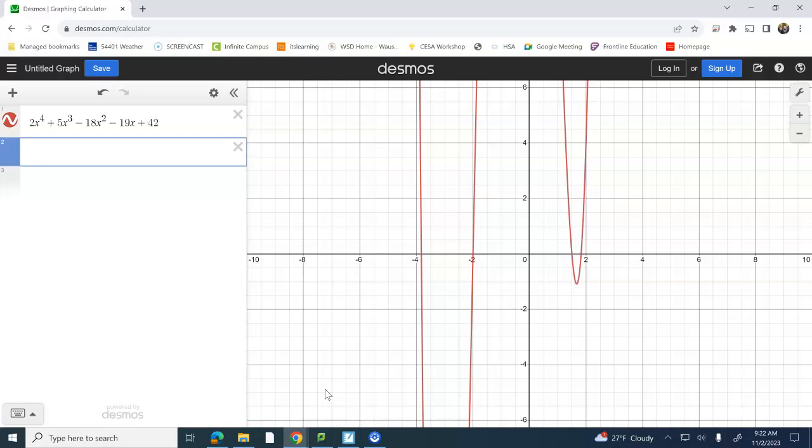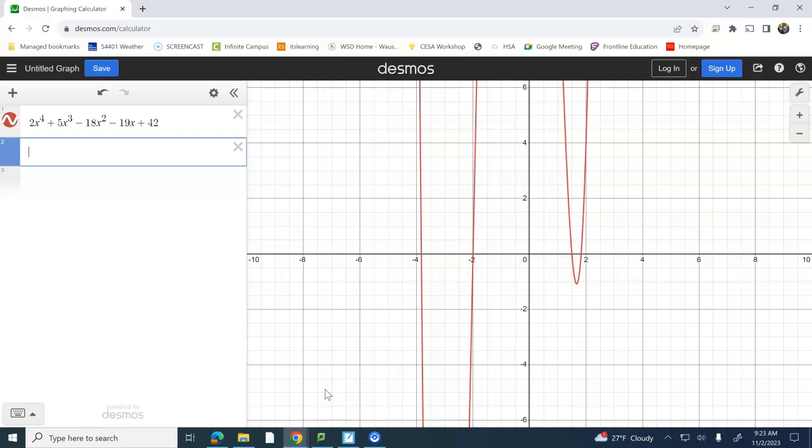Okay? So what that tells me is that I'm looking for where this function crosses my x-axis. So it crosses here at -2, right? Okay?